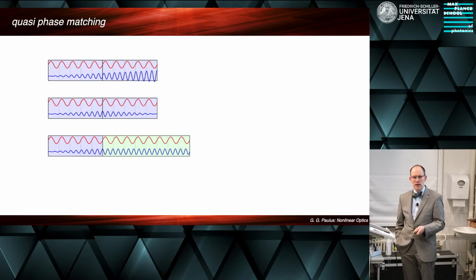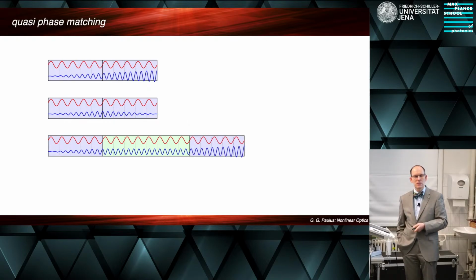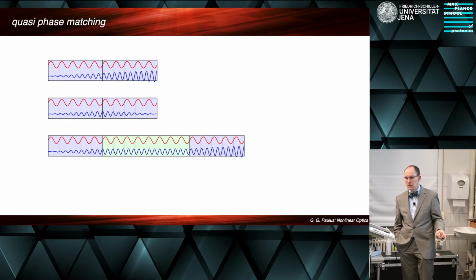As shown here, in green you have this different piece of material, and at the end of this piece of glass we start with a zero transition from negative to positive, just like at the start. If I add this piece of crystal here, then it grows again. So this is quasi-phase matching.